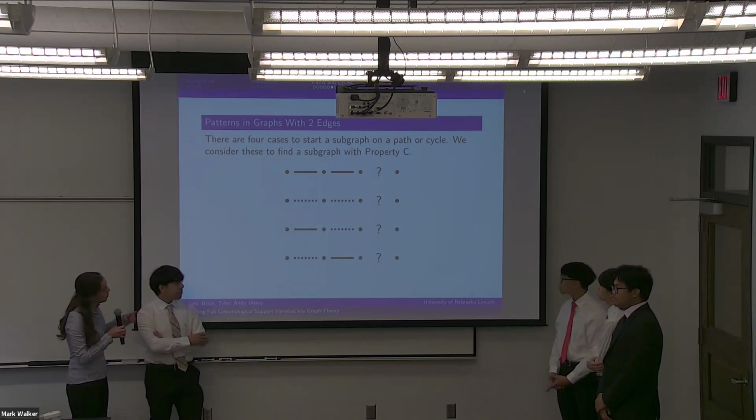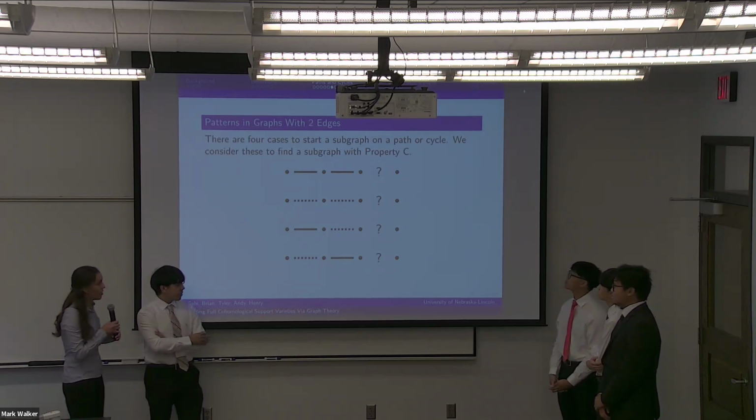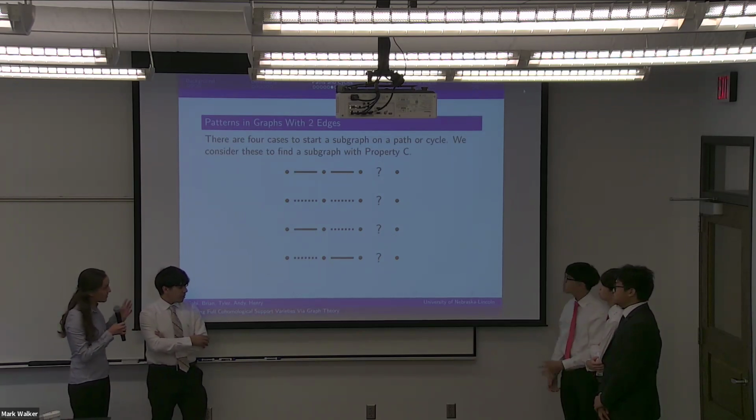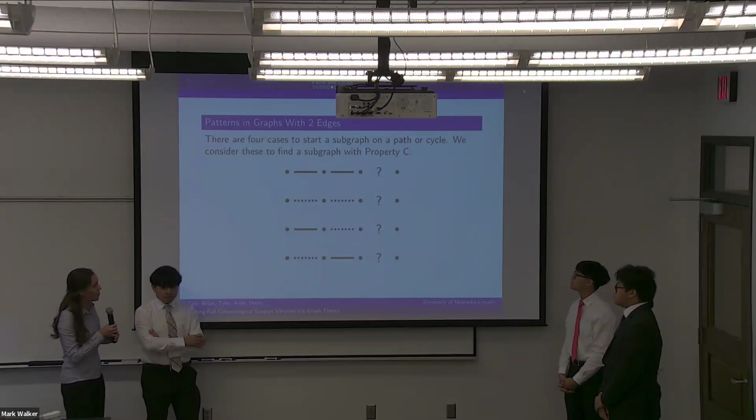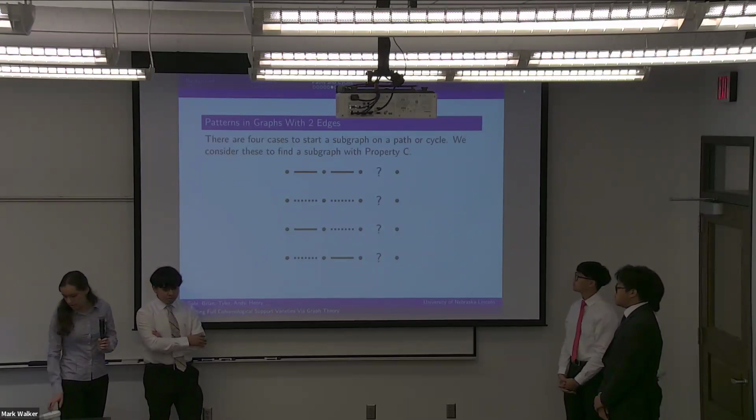And for the bottom 2, we cannot add an edge to the third one or a gap to the fourth one, because then we have one in the middle sandwiched by 2 of the opposite kind on the ends, which also produces either a property A or B, so then we can't have property C.